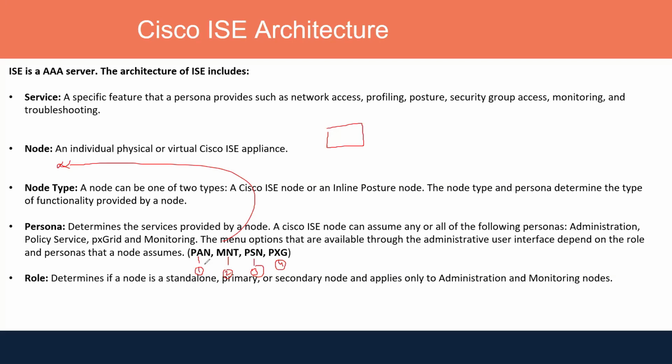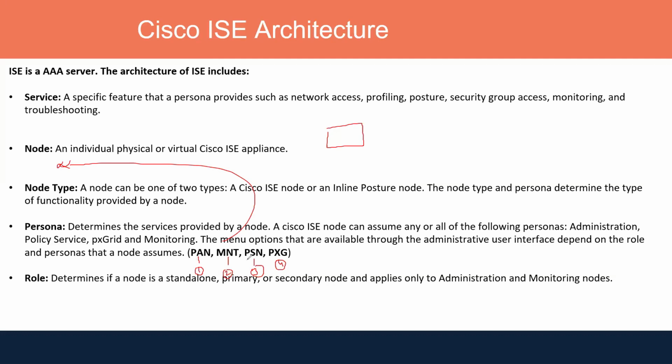As an example, you are accessing Cisco ISE, right? How are you doing it? Using PAN. You are accessing any policy, how are you doing it? Using PAN. Whatever policy modification you are doing, you do using PAN. So Cisco ISE administration is done by this PAN node, which is known as the Policy Administration Node.